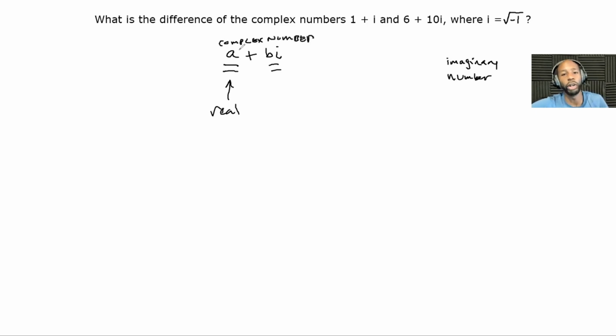Complex numbers always have a real part and an imaginary part. Pretty self-explanatory. The real part is just going to be a real number, a whole number, and the imaginary part is going to be a part that has an i in it, whether it's just i by itself, which would just be one i, or some other number in front of the i.